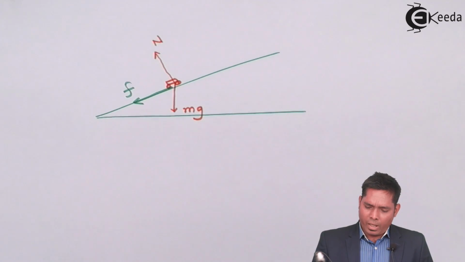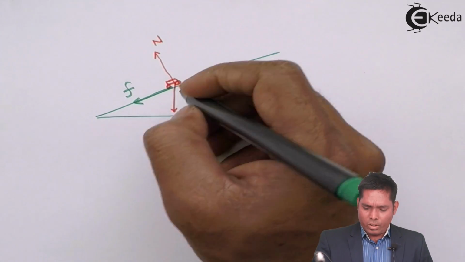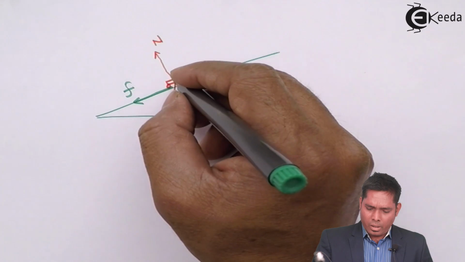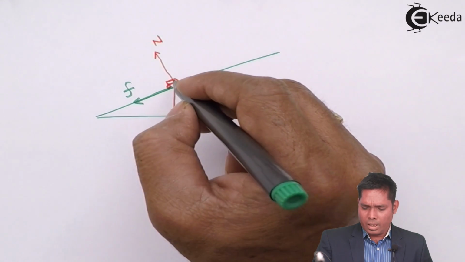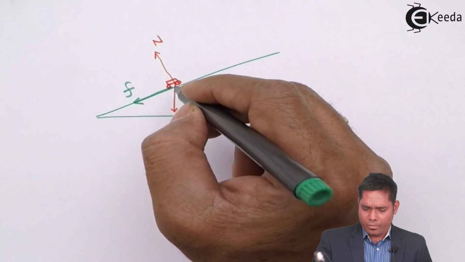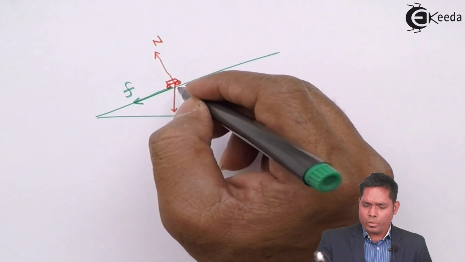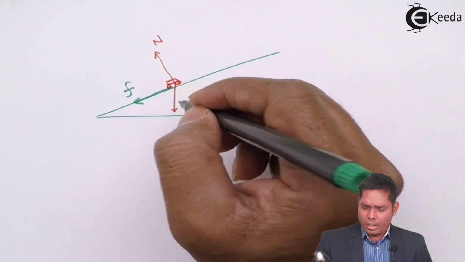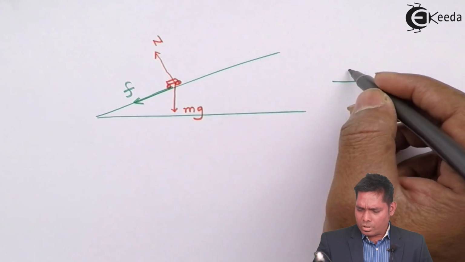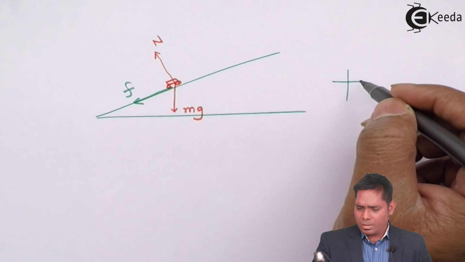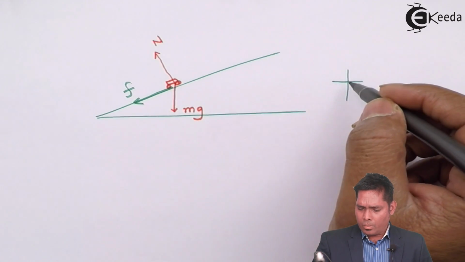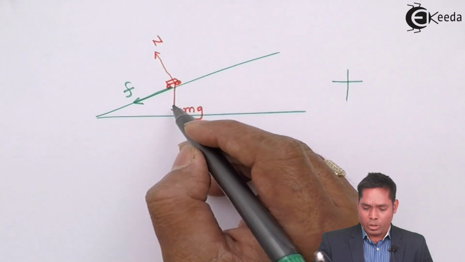Now we have to resolve everything into n cos theta, n sin theta, f cos theta and so on. We have to resolve all the forces parallel and perpendicular to the weight.